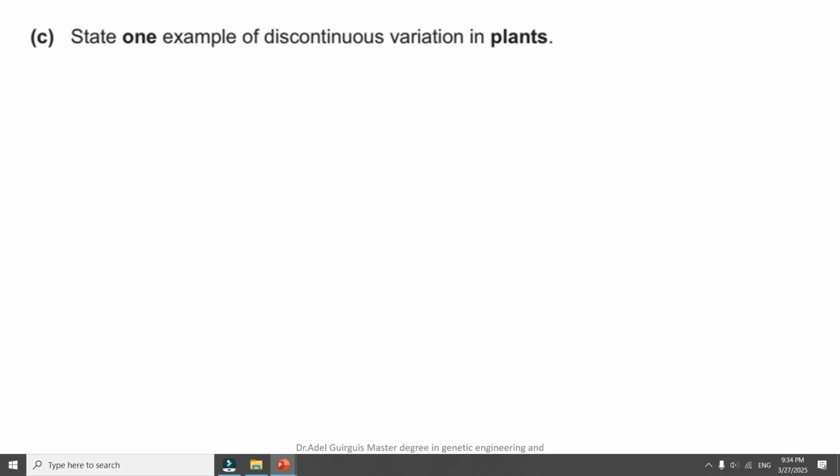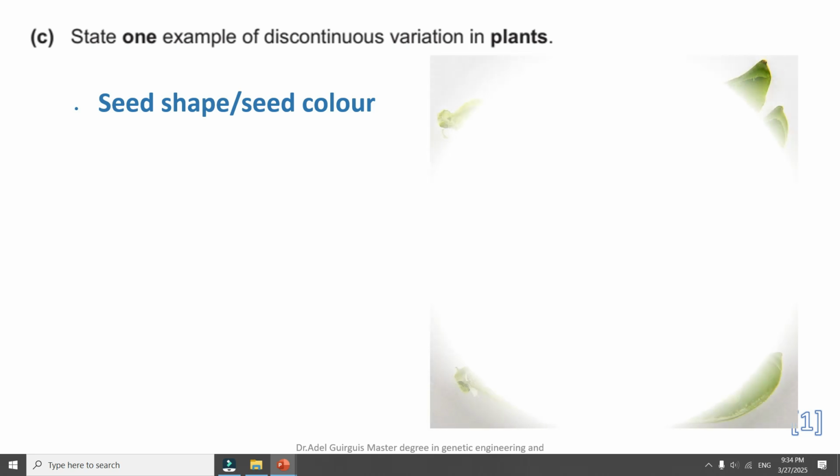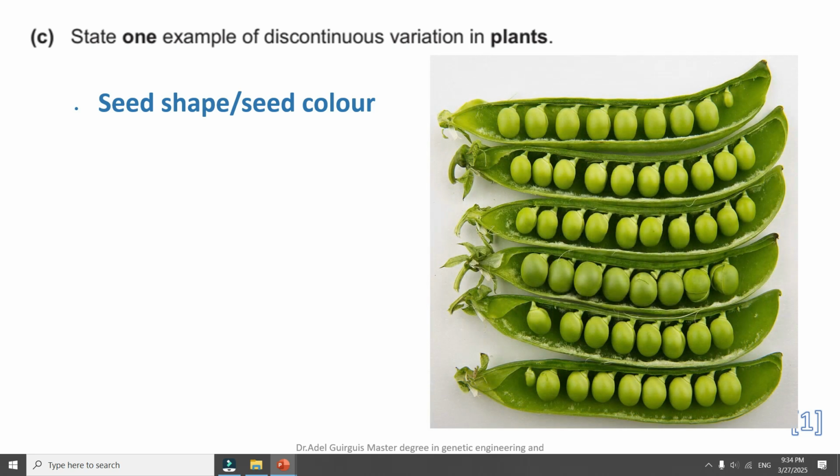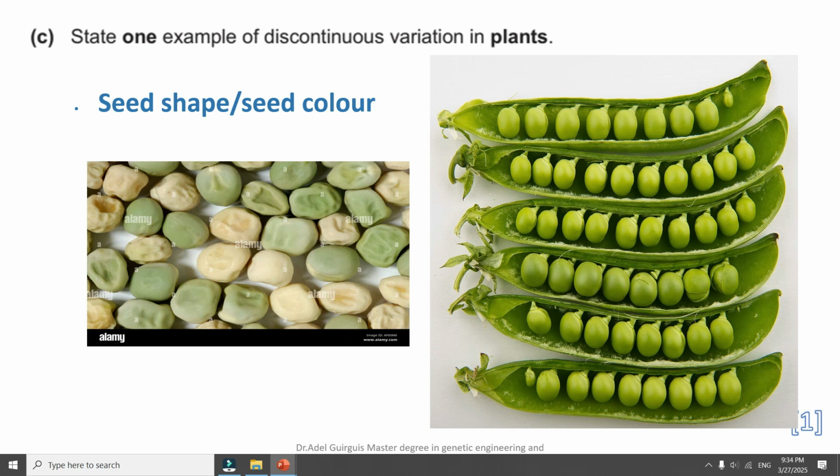State one example of discontinuous variation in plants. Discontinuous variation in plants is like seed shape or seed color. Here seed shape: round, smooth round seeds of peas, or wrinkled; or green and yellow.